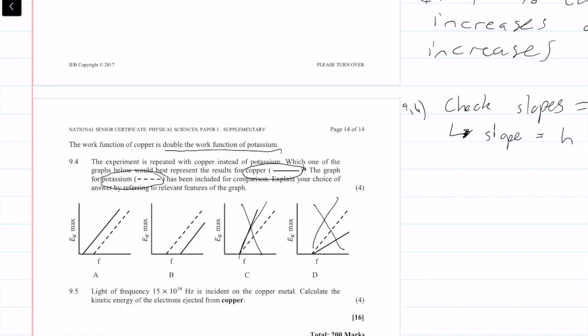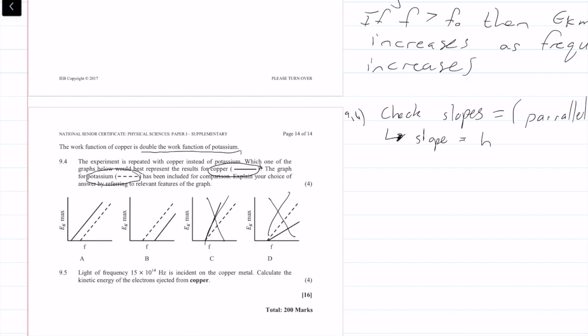Secondly, we've been given that the work function of copper is double the work function of potassium. So we know that the threshold frequency is double as f naught is double, so the threshold frequency must move to the right. The answer for 9.4 is B, because we're looking for the work function of copper.